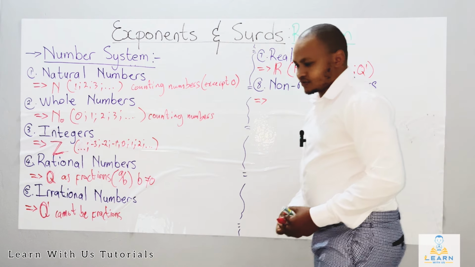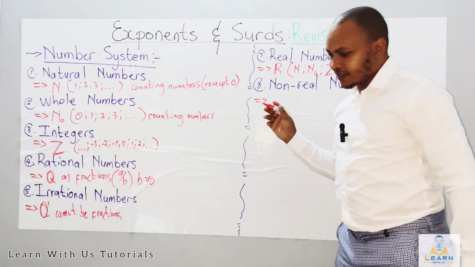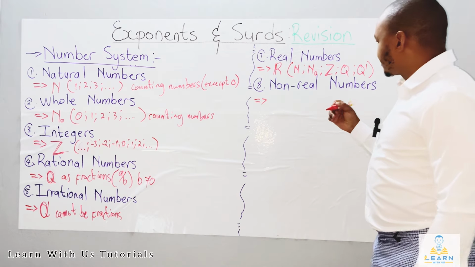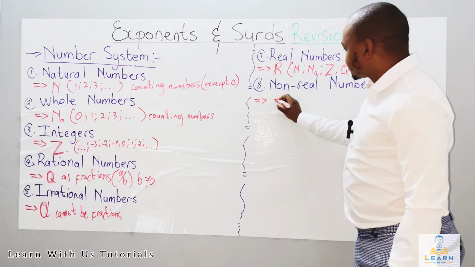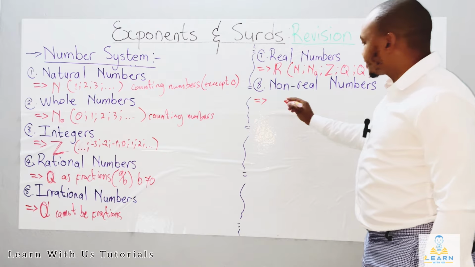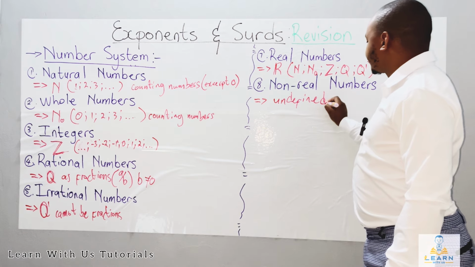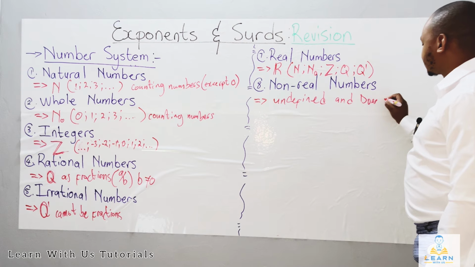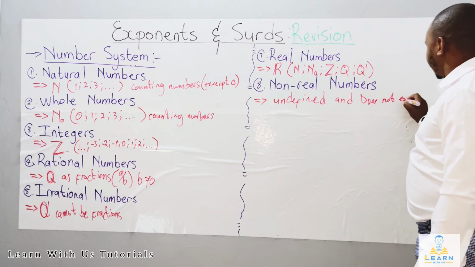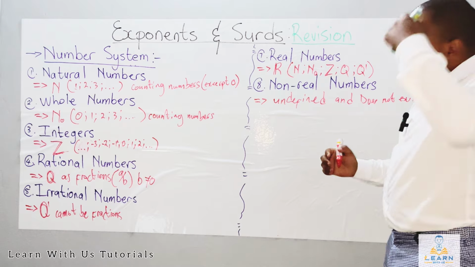Okay, with non-real numbers, let me just write the wording that would be used usually. It's undefined and does not exist. Okay, this is the wording that we'd usually use for non-real numbers.